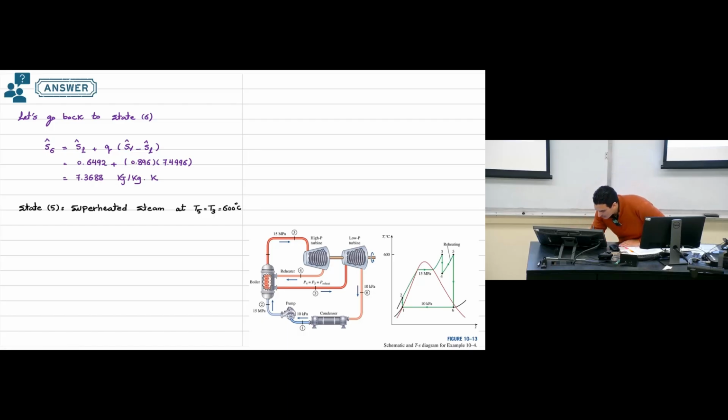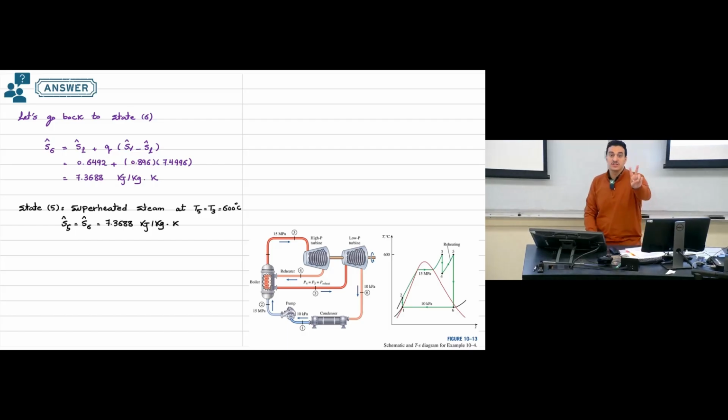Okay. Entropy at point number 5 equal entropy at point number 6 equal 7.3688 kilojoule per kilogram Kelvin.